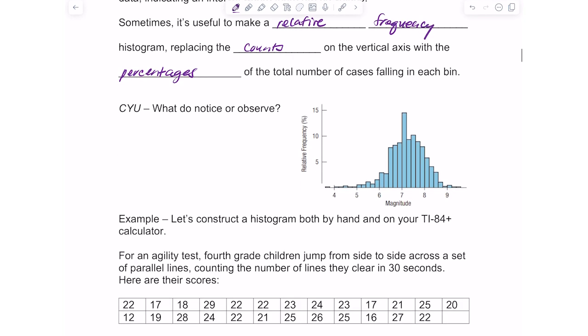So here we have a relative frequency histogram of the same data, the earthquakes and their magnitudes. So what do you notice about these two graphs?